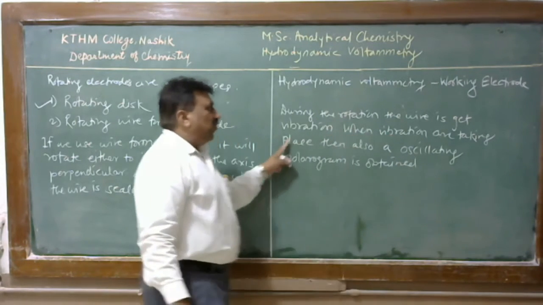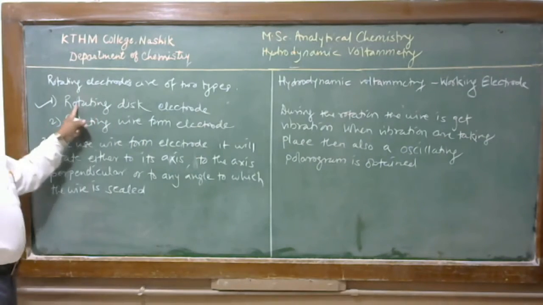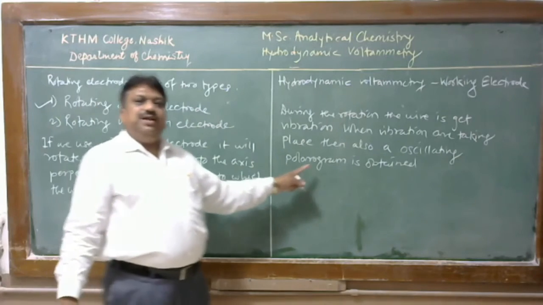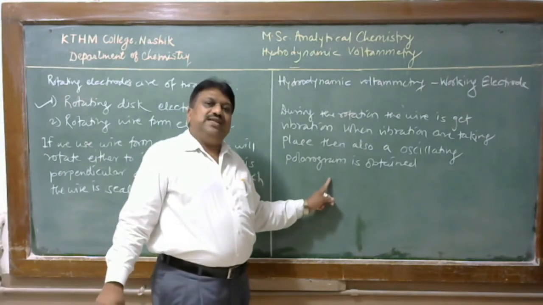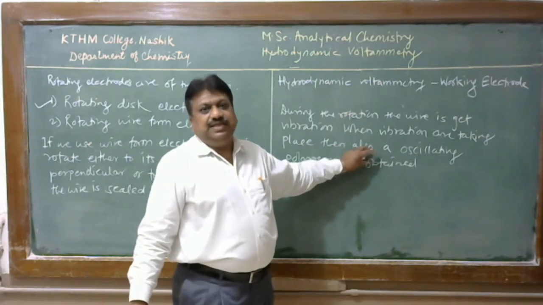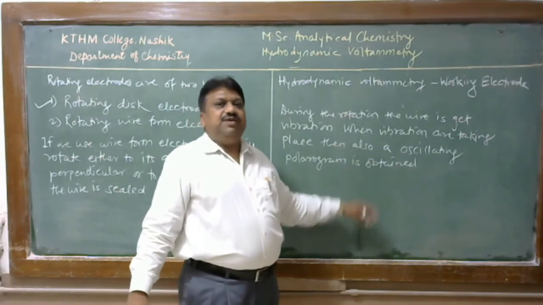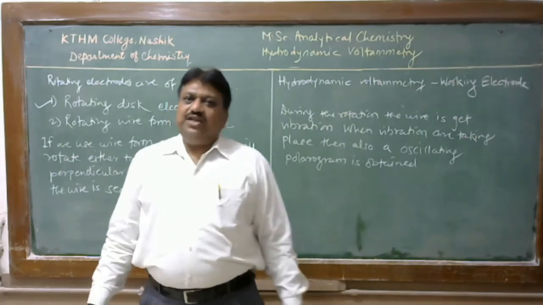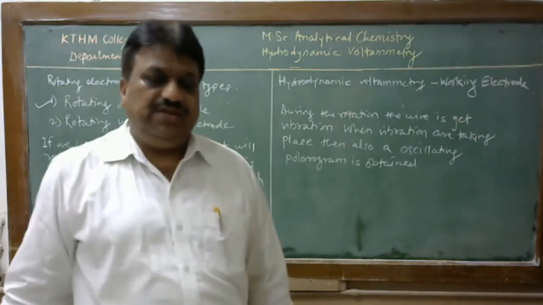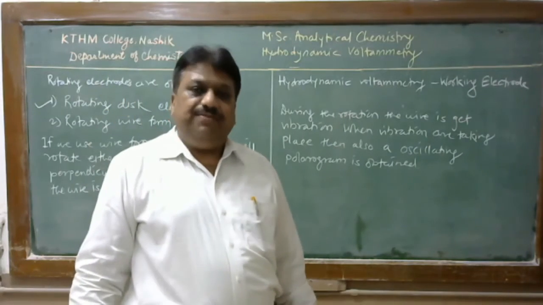Therefore, generally a disc electrode is preferred in voltammetric work. Normally, voltammetric work is also carried out using a wire form electrode, but the wire form electrode has this disadvantage. When the electrode is rotating on its own axis or perpendicular to the axis of rotation, the wire is vibrating.